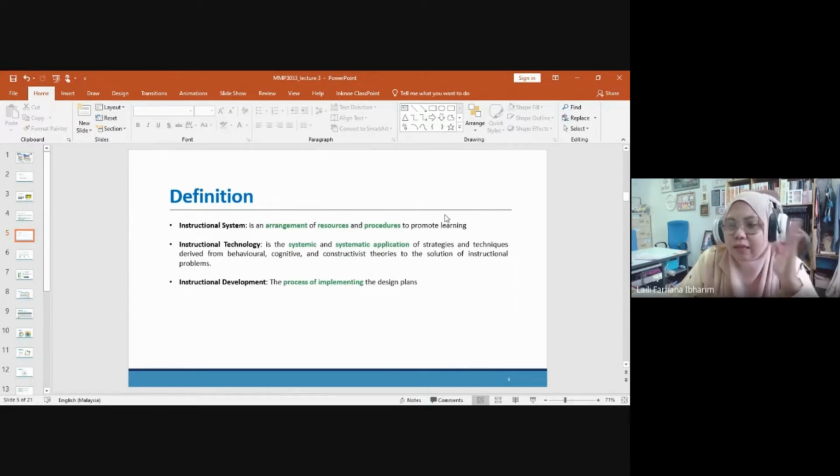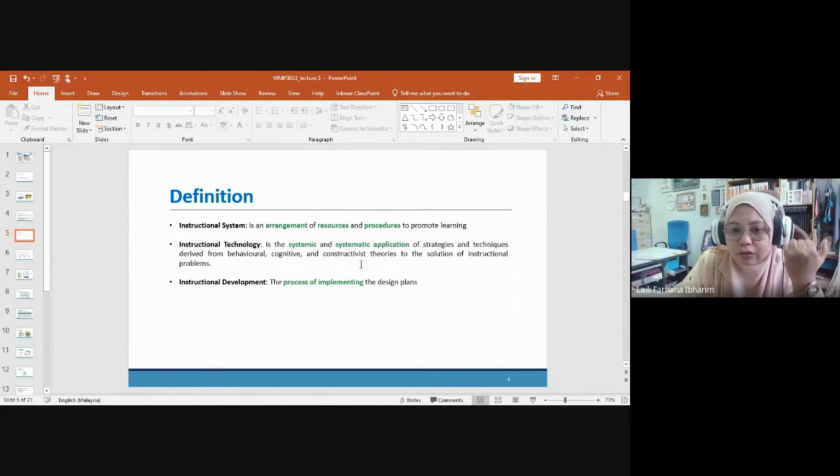Then we also have instructional technology. It is the systemic and systematic application of strategies and techniques derived from behavioral, that means our student attitude, cognitive, our students' mental processes and minds, and constructivist theories.